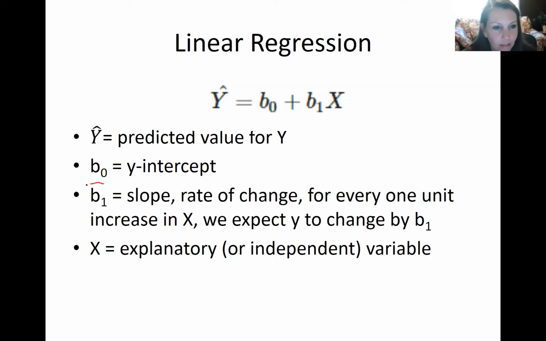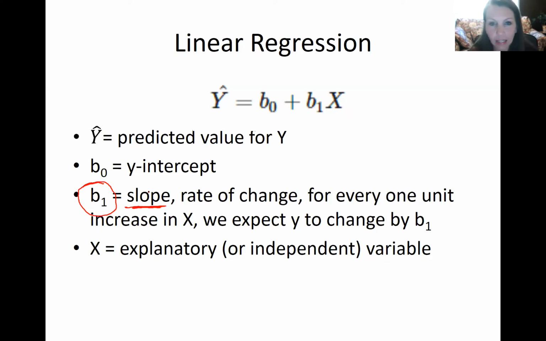The favorite part of the equation is going to be the slope, b1, because the slope is going to really quantify the relationship between x and y. Slope is a rate of change, and it's going to tell you for every 1 unit increase in x, we expect y to change by whatever the value of slope is.